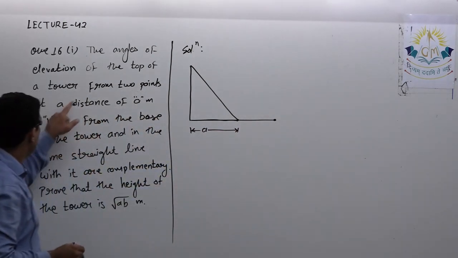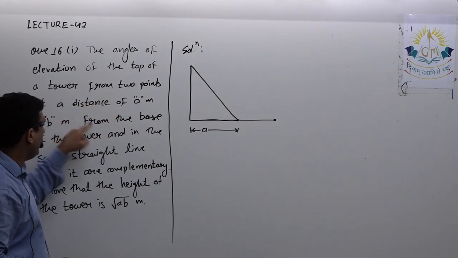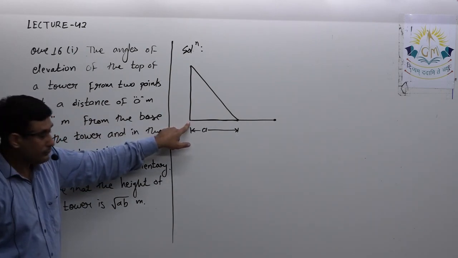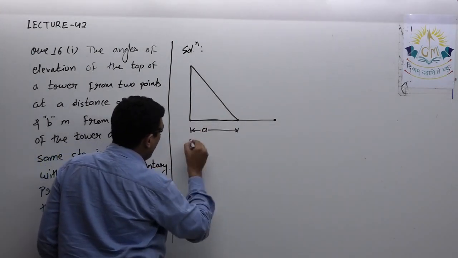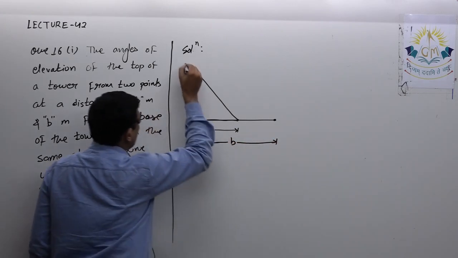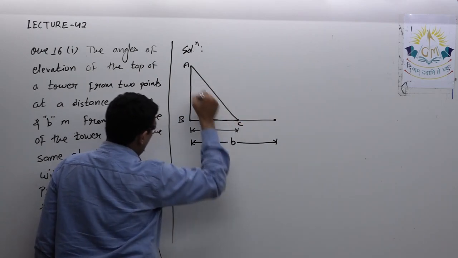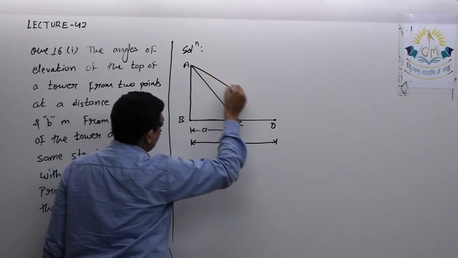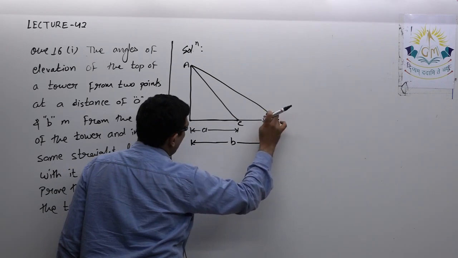It is written that from 2 points at a distance of a meters and b meters from the base of the tower. This is the base of the tower. The points are at a distance of a meter and b meter from the base. So let AB be the tower, and let the points of observation be C and D. Now these two angles are complementary.